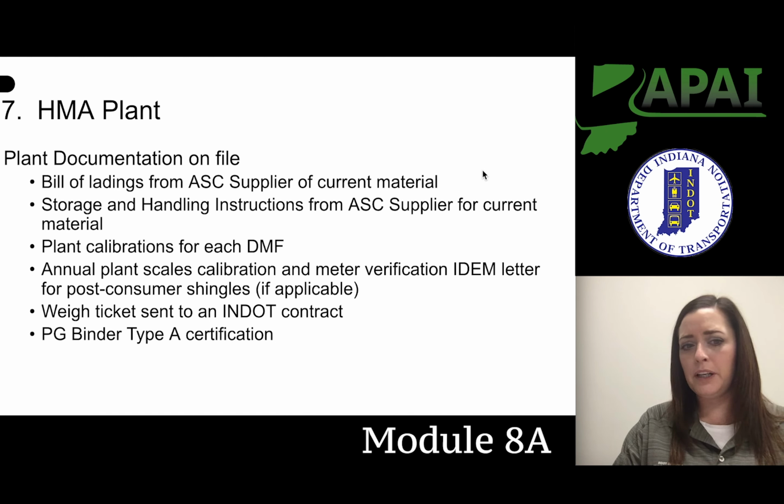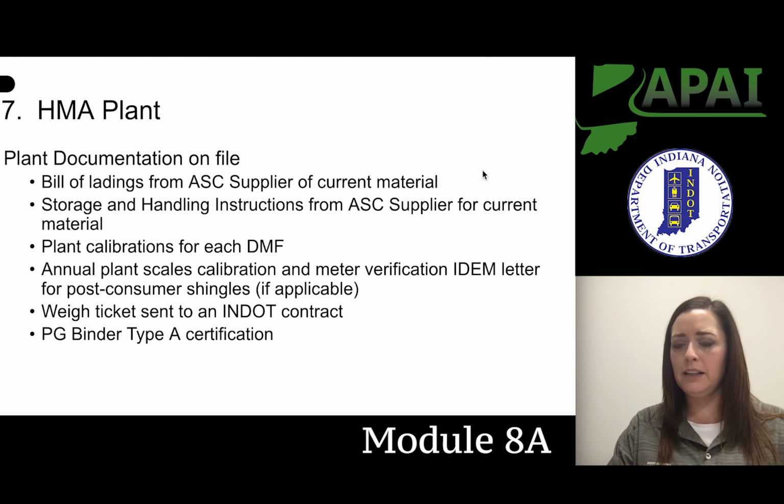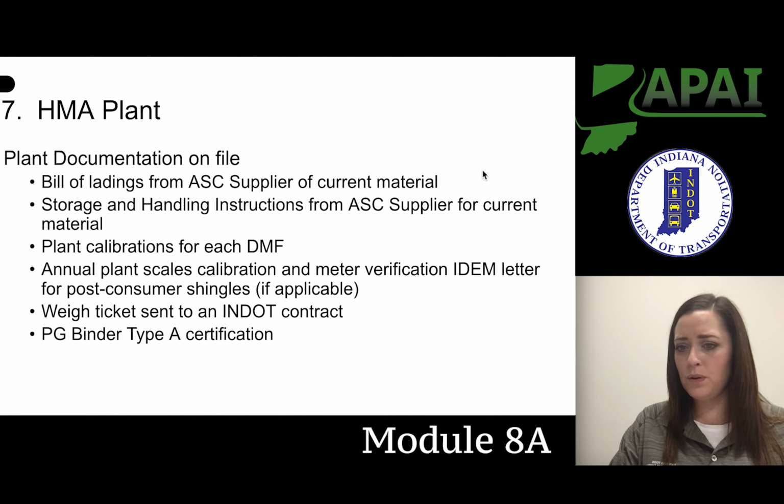Most plants can print you out kind of like a dummy weigh ticket, so it at least shows you that the proper things are being documented on the weigh ticket. And a list of those requirements on the weigh ticket are listed in the audit packet itself.